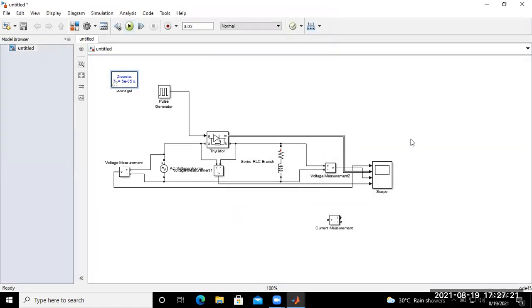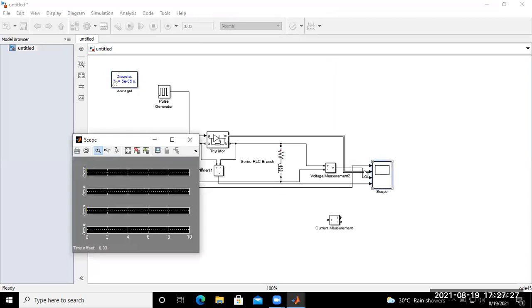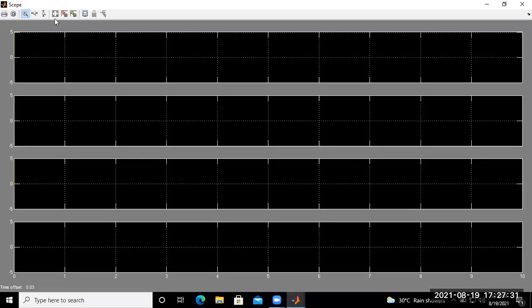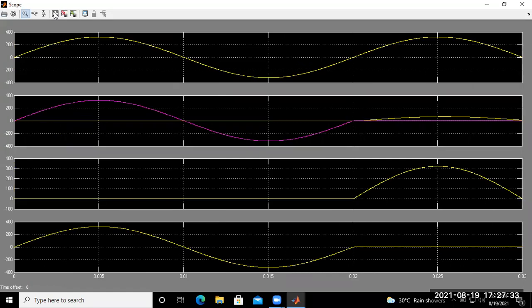Okay, so just click on this scope here. So this is your supply voltage waveform, and what is the second one? I think we are missing something here.